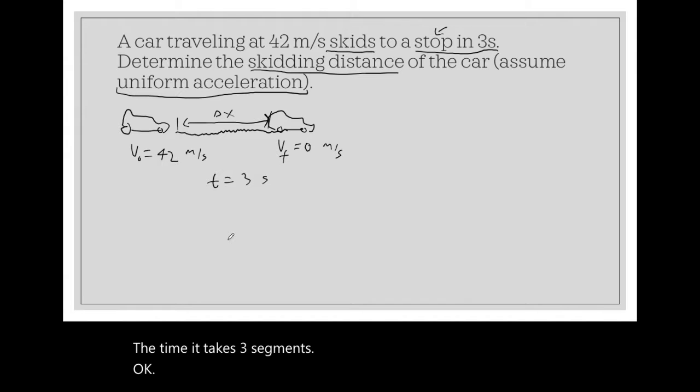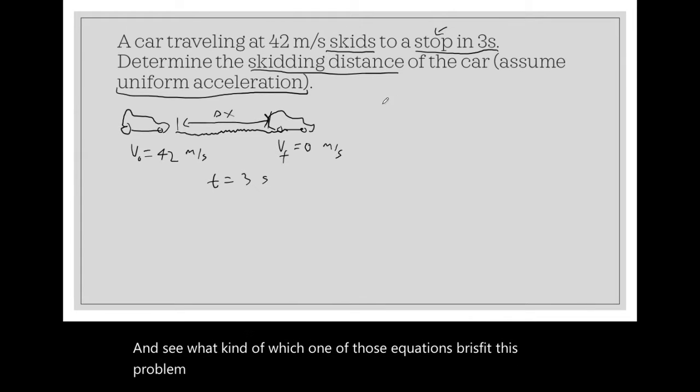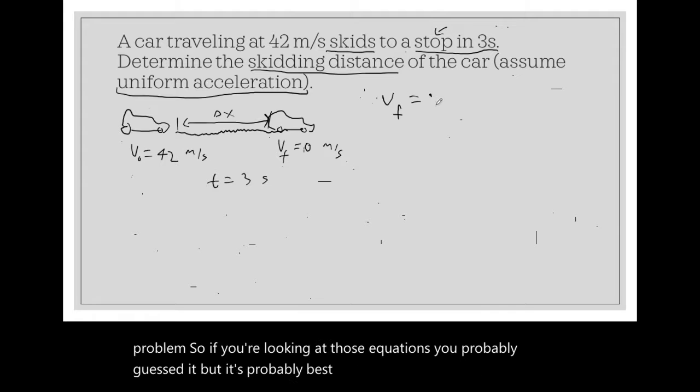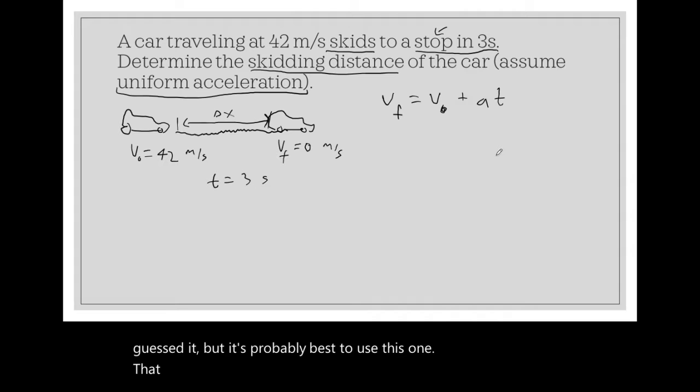Again, you probably go look at your kinematic equations, look at what's given, and see which of those equations best fits this problem. You probably already guessed it's best to use that second kinematic equation. Actually, wait a minute.